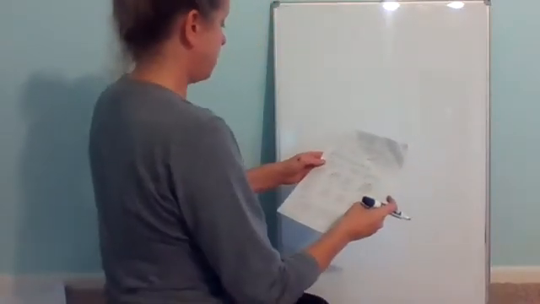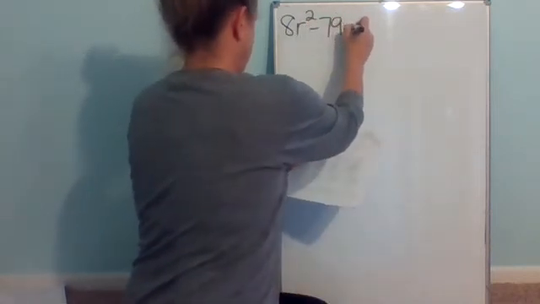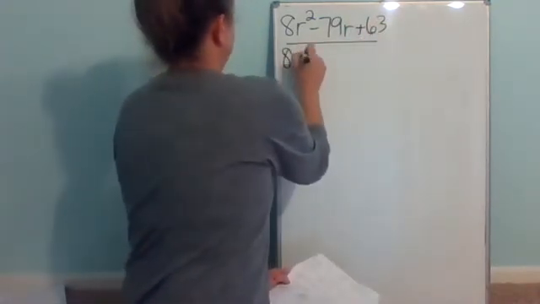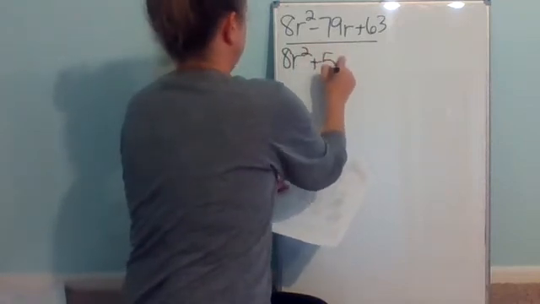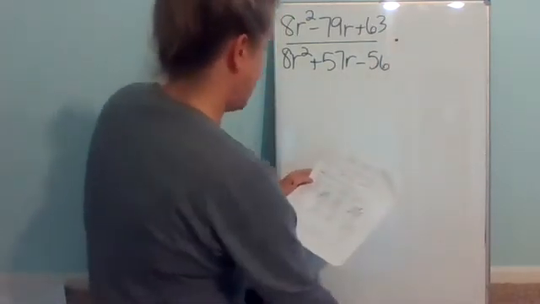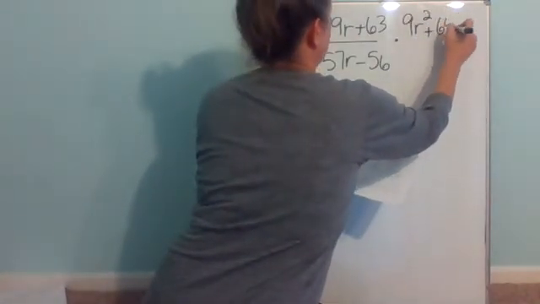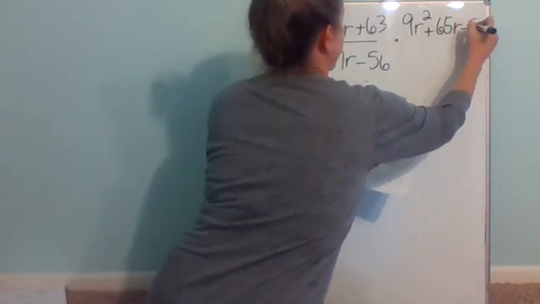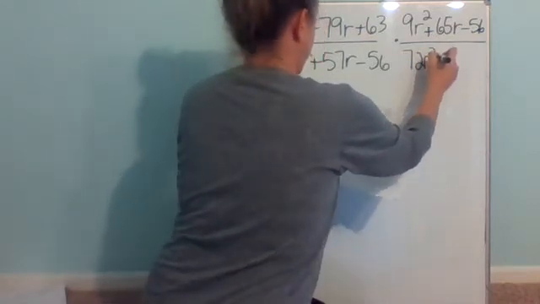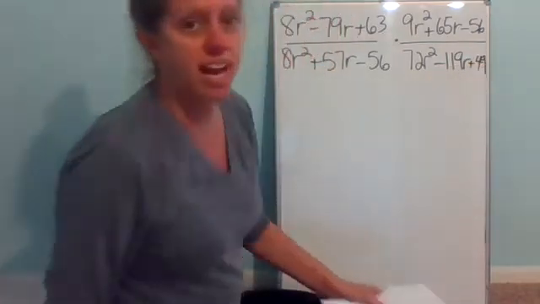We've got 8r squared minus 79r plus 63 over 8r squared plus 57r minus 56, times 9r squared plus 65r minus 56 over 72r squared minus 119r plus 49.